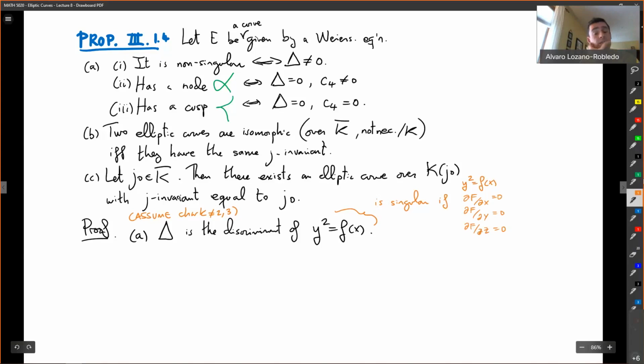It turns out that if you work through this, and it's a good exercise for you to complete this proof in detail, this will tell you that y is going to be 0, and this will tell you that f of x has a double root. So the fact that f of x is 0 and f prime is 0, these two things together would tell you that f of x has a double root.